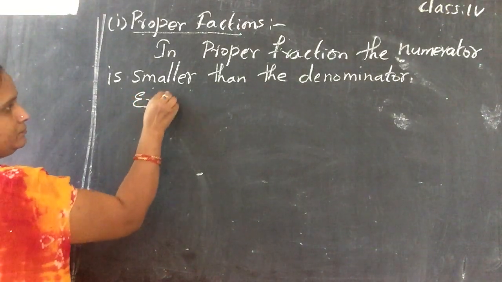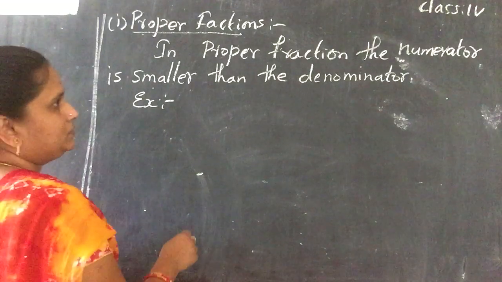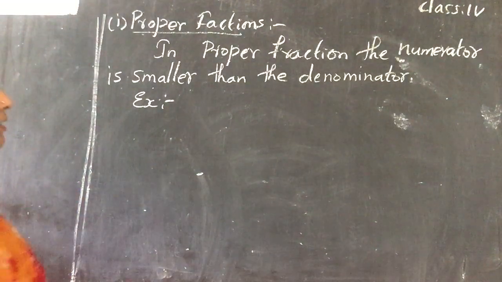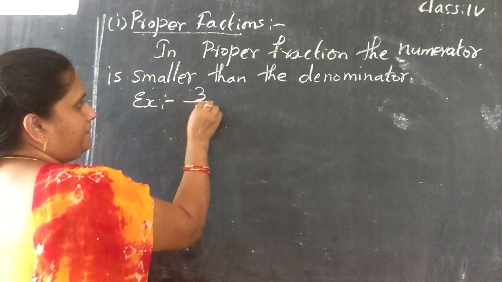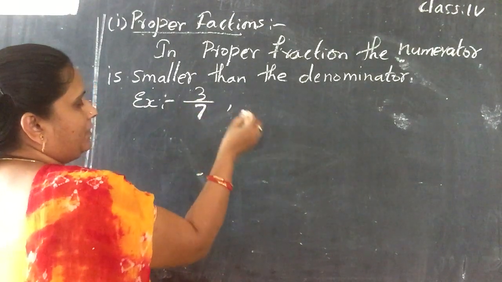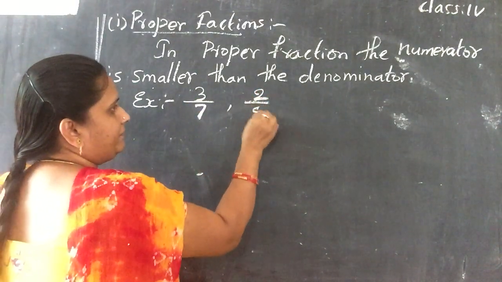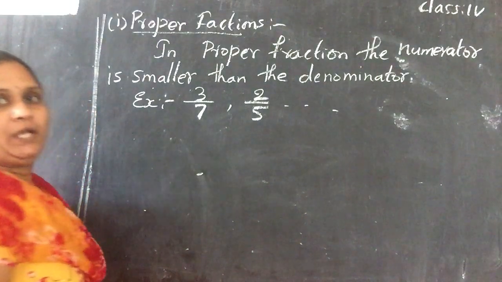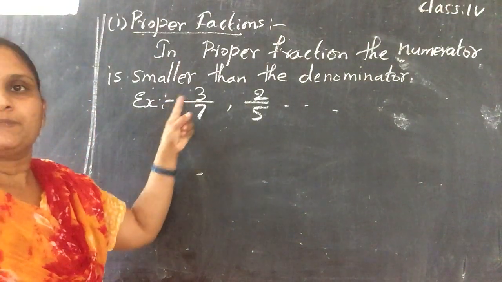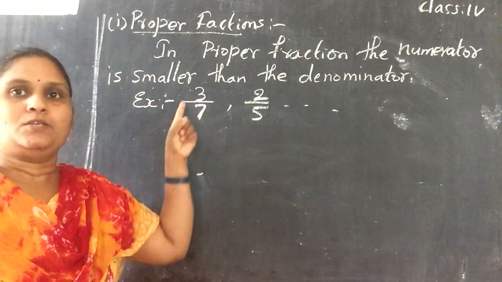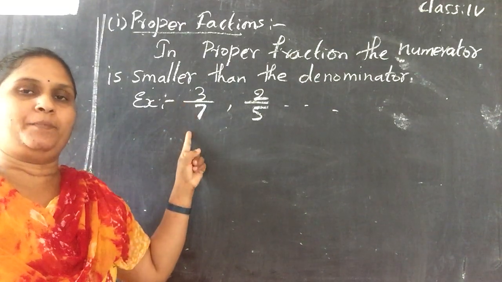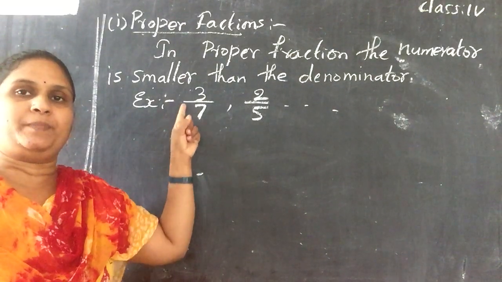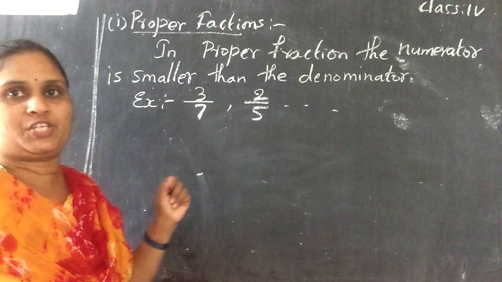Example, 3 by 7, 2 by 5, like that. Here the numerator is 3 and the denominator is 7. So the numerator is smaller than the denominator. So fractions like these will be known as proper fractions.